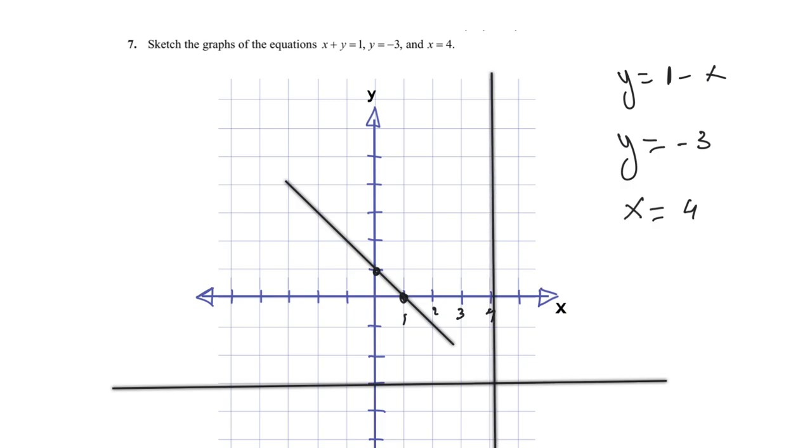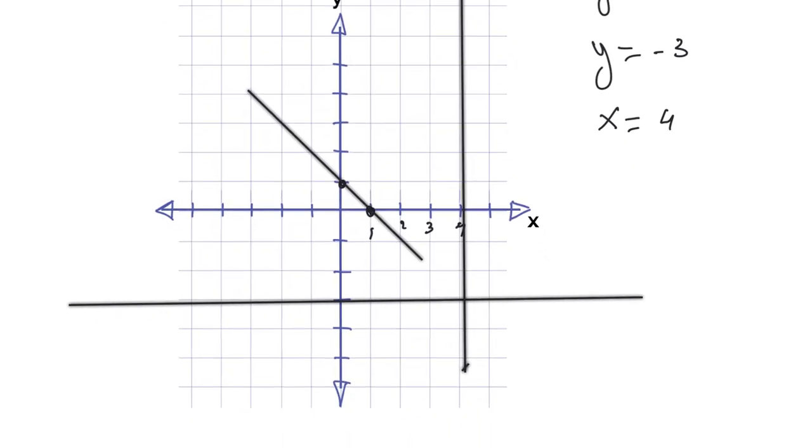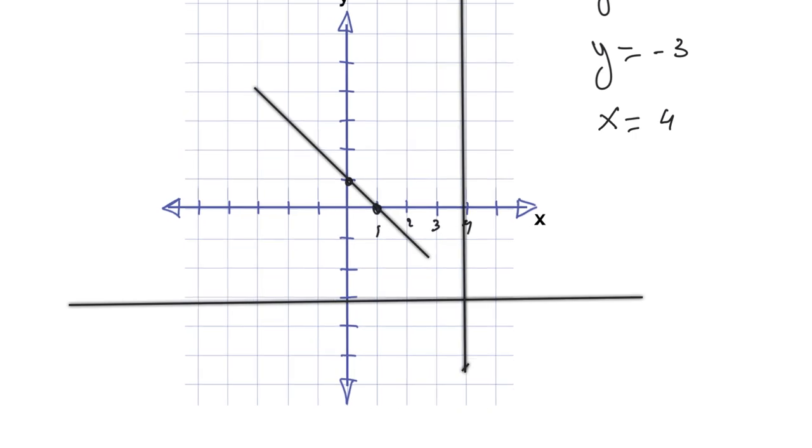So now these three lines intersect in one point. Can you tell me what is this point of intersection? It's a common point for the three lines.